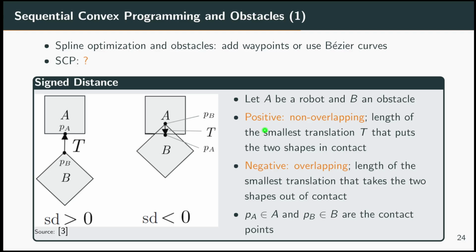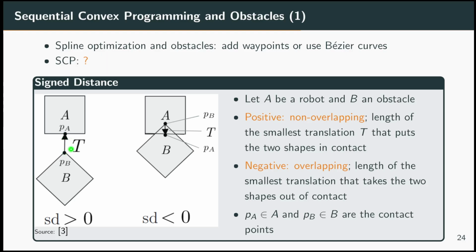So let's look at the example over here, where we have a robot. Let's say that's A, and B is an obstacle. Then what we can do is try to find the closest points on the surface of these two objects. And then the vector that connects these two points will have a certain length, right?